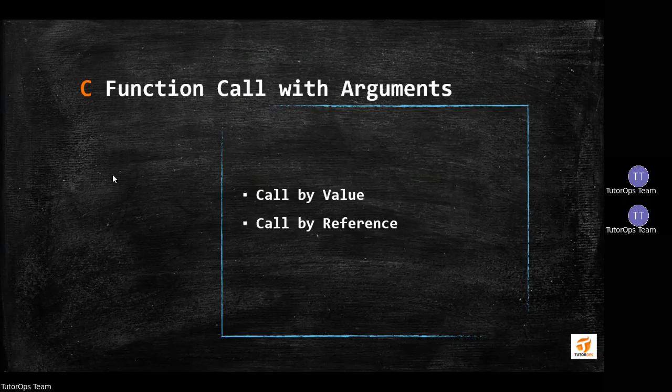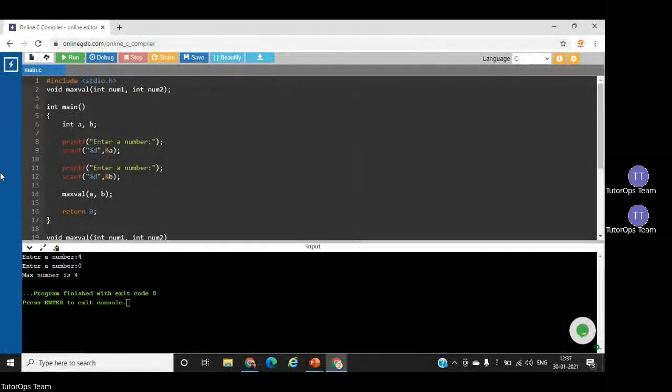We can call functions with arguments in 2 ways. There are 2 ways we can call the functions, one is call by value, another one is call by reference. When I'm calling by this a comma b directly, that is known as call by value.